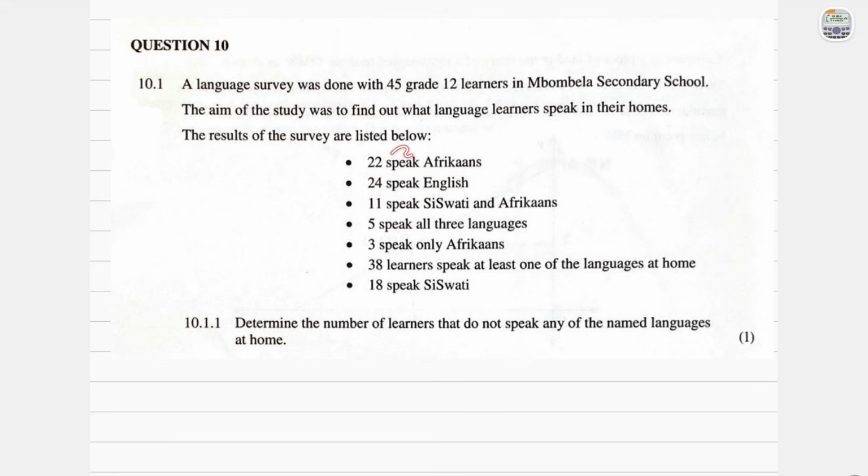The results of the survey are listed below. 22 speak Afrikaans, 24 speak English, 11 speak Siswati and Afrikaans, 5 speak all 3 languages, and 3 speak only Afrikaans. Then we have 38 learners speak at least one of the languages at home. This is going to be a very important point to note. And lastly, 18 speak Siswati.